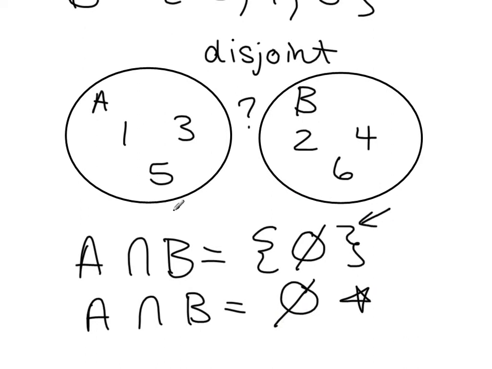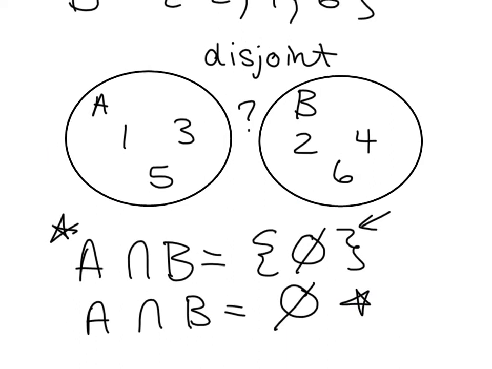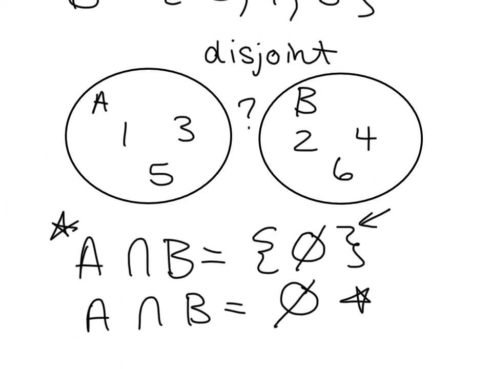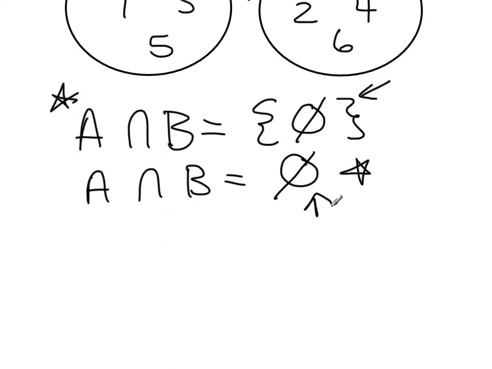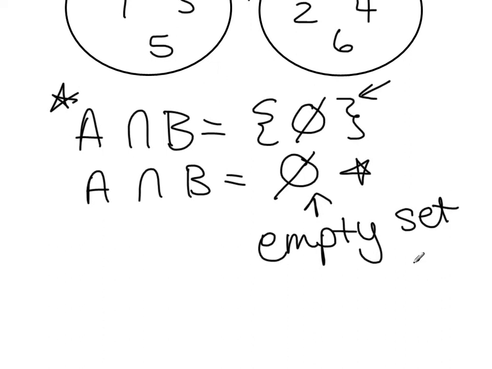I would prefer the first way, but if you write it the second way because you learned it some other way, that's fine with me. So we have the empty set, and that is what this symbol means. Let me write that down so you have it verbally and physically in front of you: empty set. That's what happens when there's nothing between the two that they share in common.